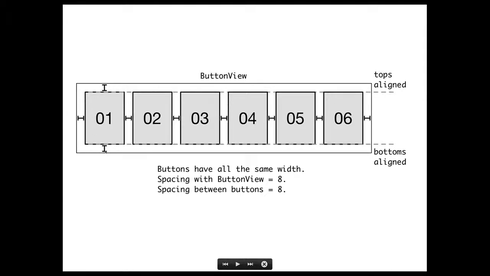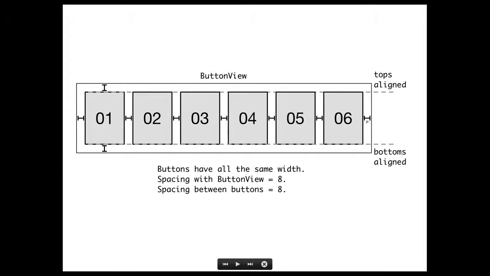We're going to work in points because every different device, whether it's a retina screen or not, a point's going to map to multiple pixels in the higher resolution devices. So I'm going to work in points. I'm going to set these constraints so that the top of my button, the left side of my button, and the bottom of my button are 8 points from its containing button view.